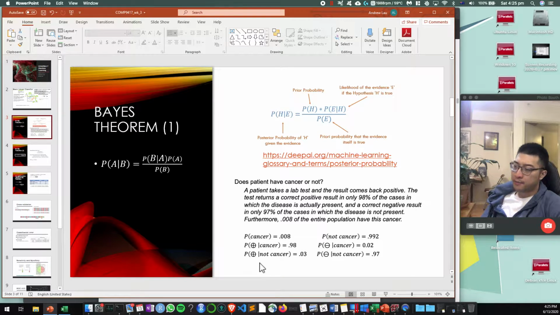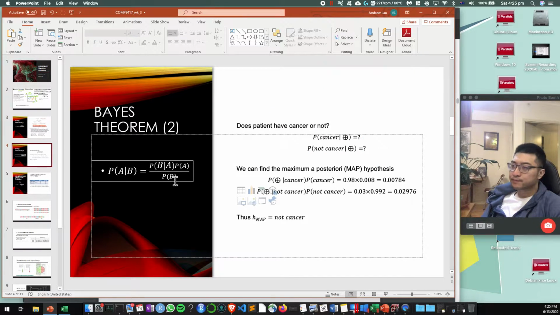We care about the probability of having cancer given it's positive. So we basically want to flip this conditional probability around. How we do that is using Bayes' theorem. You can see here it lets you switch the conditional probability around.